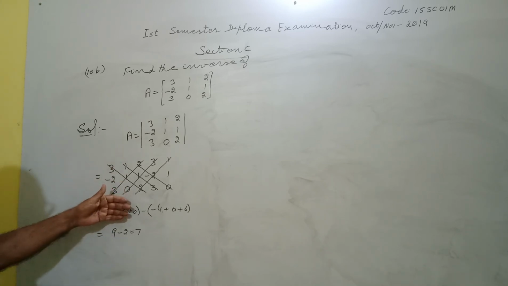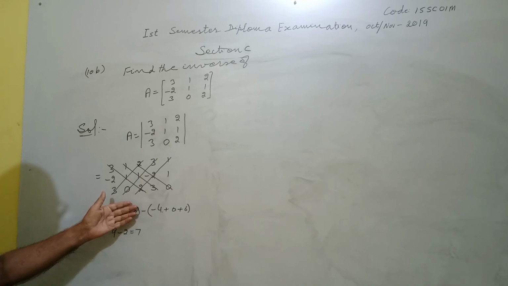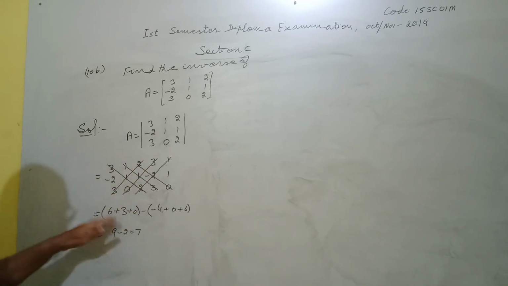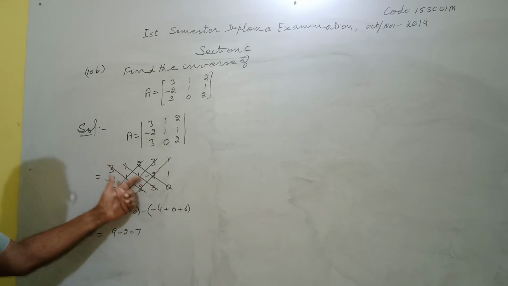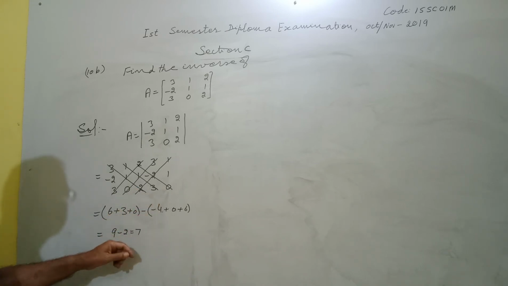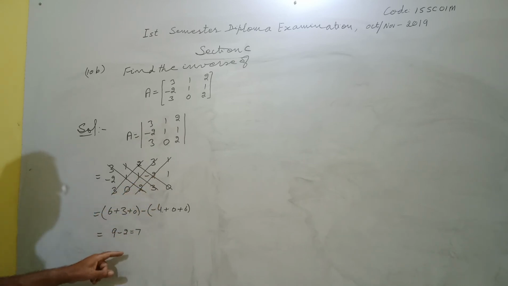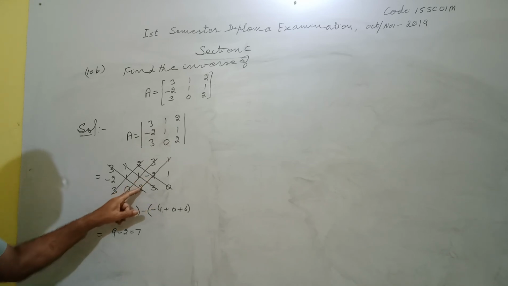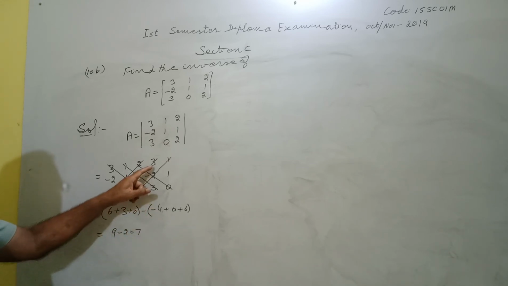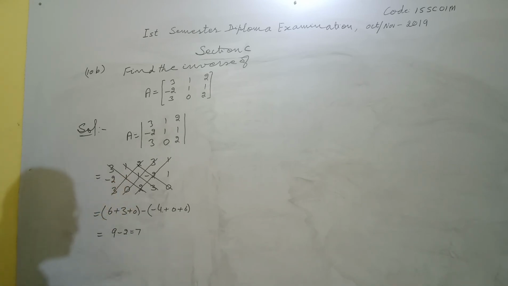Just write down the elements, repeat the first two columns, take the primary diagonals, and then minus the secondary diagonals. Product of the primary diagonals is 6, 0, 0, minus the secondary diagonals: 1 minus 2 2, minus 4, 3 1 0, 2 1 3, 6.